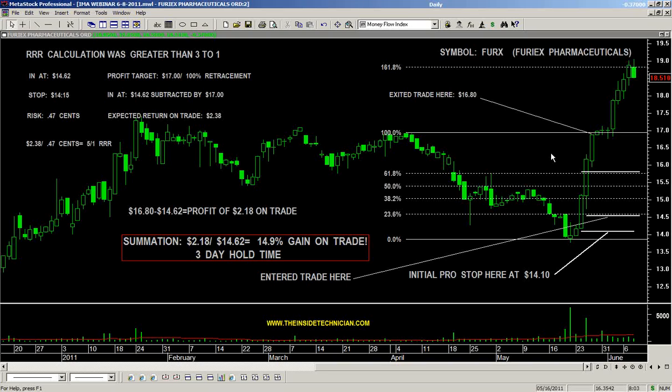But the end of day analysis determines everything from the beginning. And in this case, I knew that if I placed my stop at the 14.15 area, there was more than a 95% chance, according to my calculations, that I was not going to get stopped out, and I did not. So again, the initial protective stop is right here at 14.50.